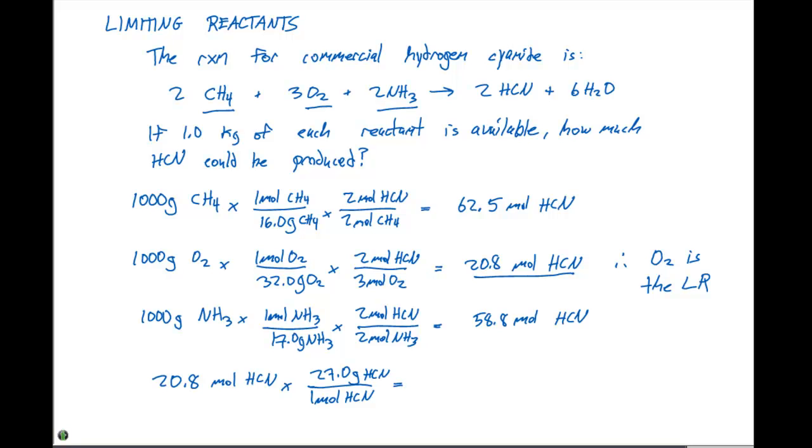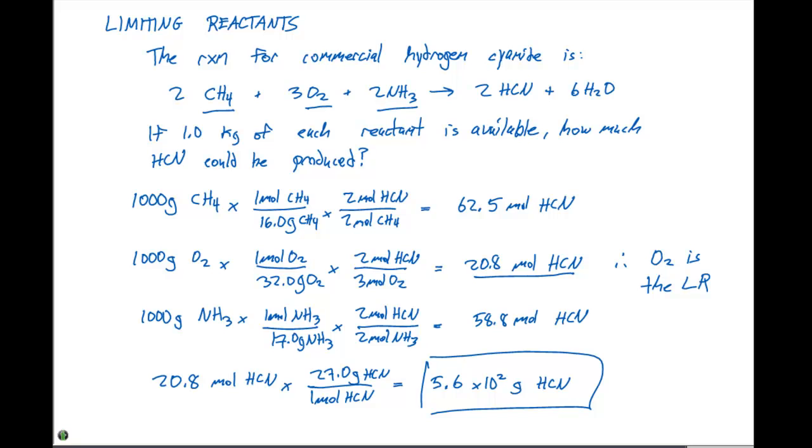When we do that conversion, we get 5.6 times 10 to the second grams of HCN. And this is the amount of HCN that's going to be produced when we react 1,000 grams of CH4, 1,000 grams of O2, and 1,000 grams of NH3.